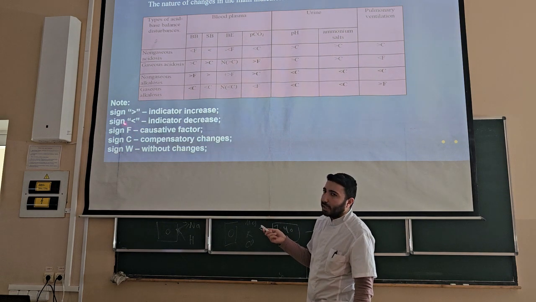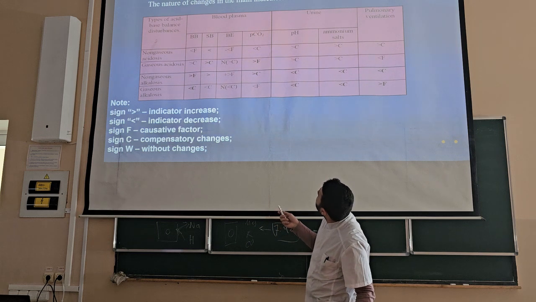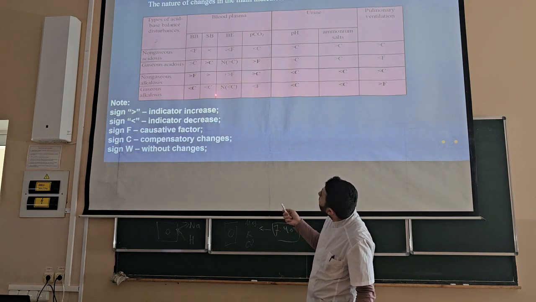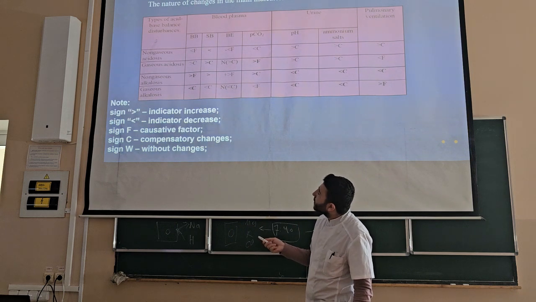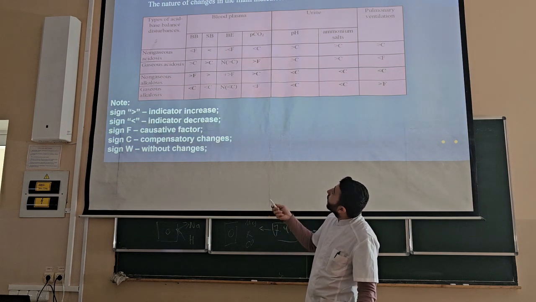As well, the F is the causative factor. You will see it here and also in this one. Sign C is compensatory changes. As well, W is without changes.